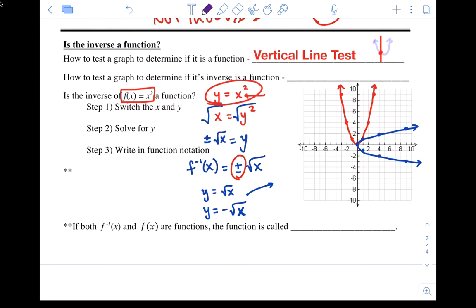Remember, no matter what, inverses, whether they're functions or not, they are still going to be reflections of their original graphs as reflected over the linear parent function y equals x. So here's y equals x. Now, just for confusion's sake, we have your original function, x squared.